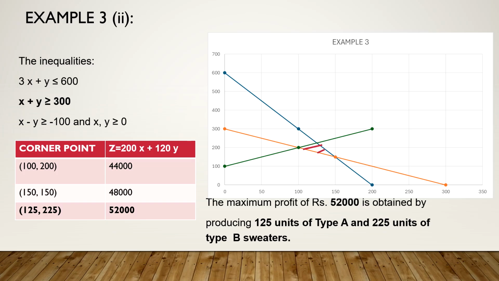Now when you plot the graph, the three lines remain the same, but your feasible region now changes. Because of the second constraint, x plus y greater than or equal to 300, the region which is above this line will be included in your feasible region. There it was below this line.